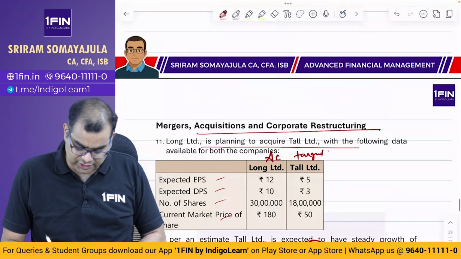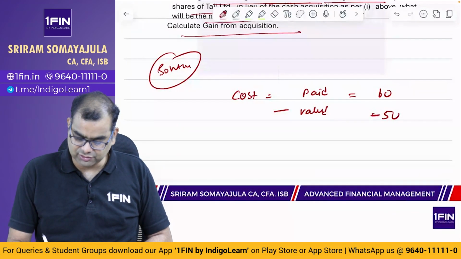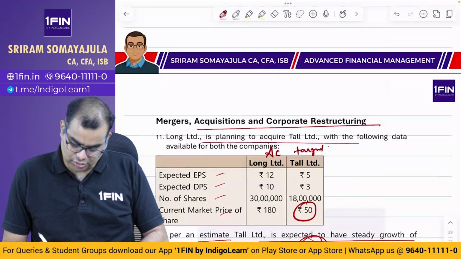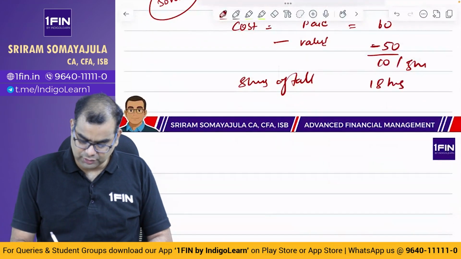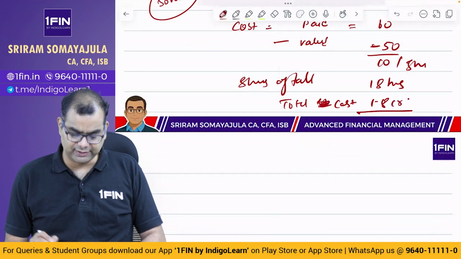Current market value is already known as 50. So you have paid 10 extra, 60 minus 50. So 10 per share. How many shares? Shares of Tall, 18 lakhs. So total cost is 1.8 crore, that is 18 lakhs into 10. Okay, this is the first part.